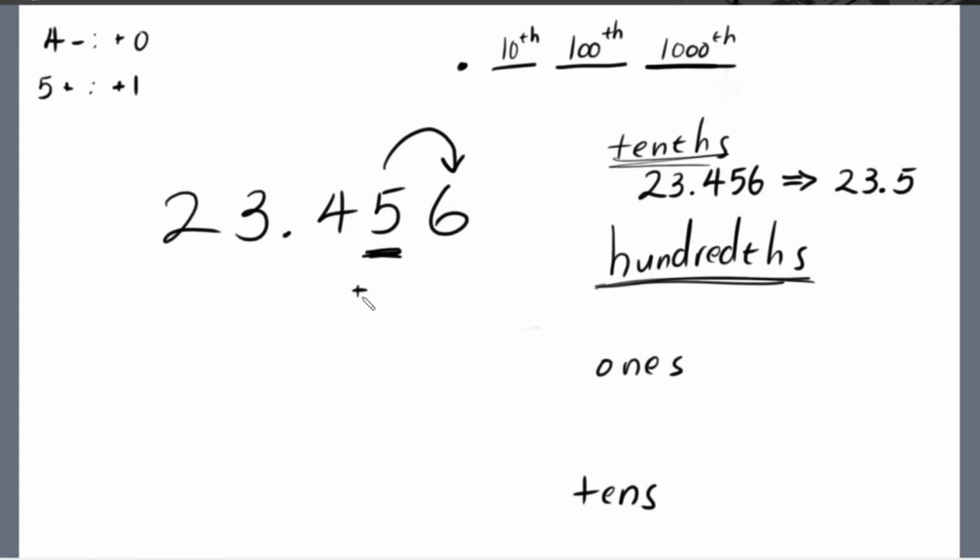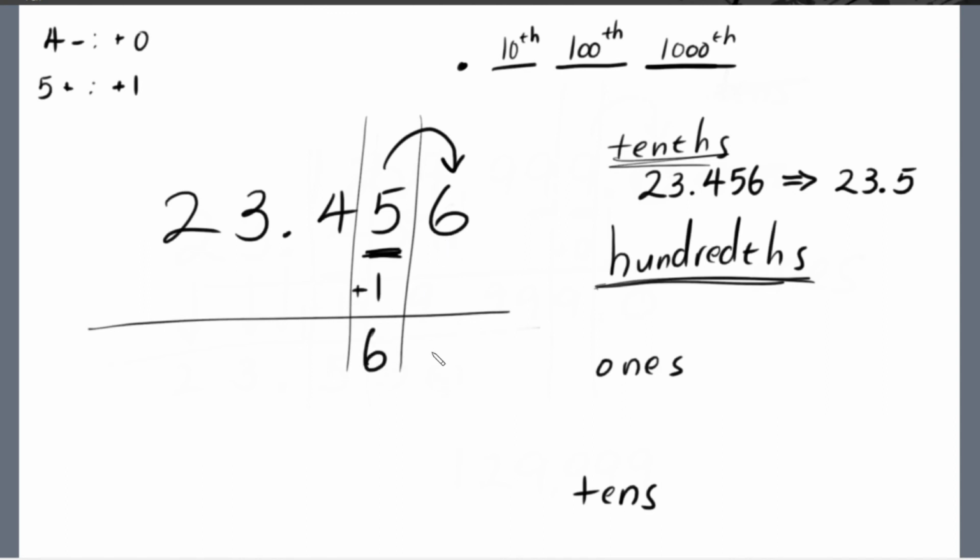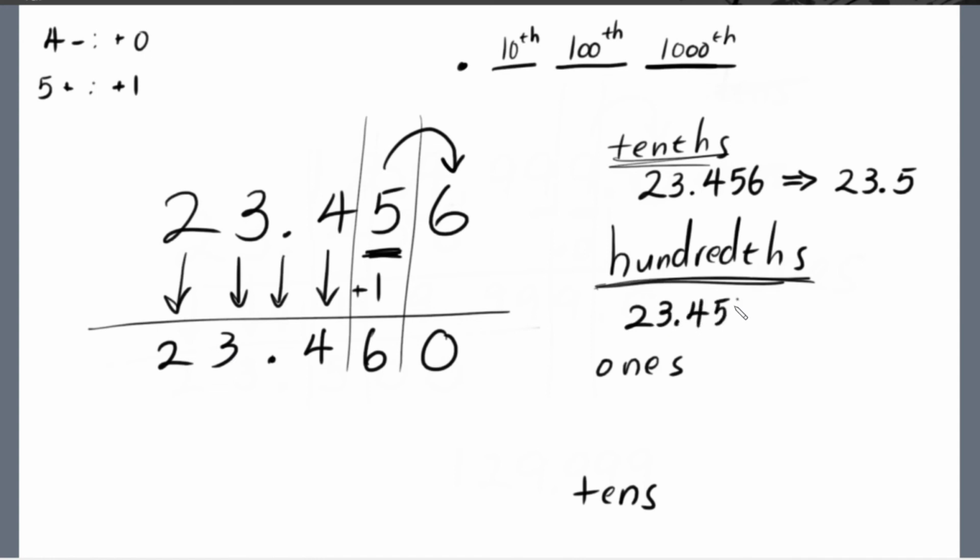So I can do my +1 rule. 5 plus 1 is 6. 6 becomes a 0 because it's on the right of the column. Everything to the left, since we didn't change anything, is going to stay exactly the same, and we just bring them down. So when we round 23 and 456 thousandths to the nearest hundredths, it is 23 and 46 hundredths. We don't need that 0 at the end anymore.